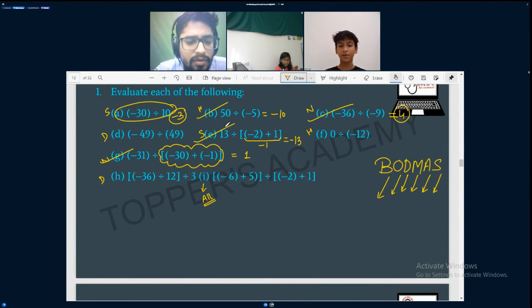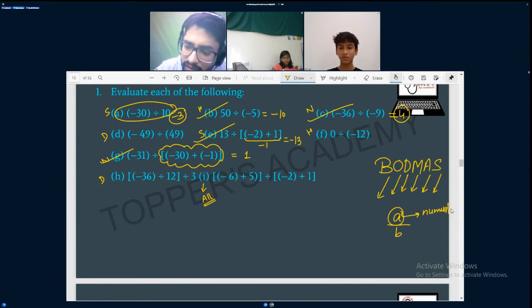Because the numerator is negative, when we write a by b, a is known as the numerator and b is known as the denominator. Here numerator and denominator are of opposite signs, so the answer must be minus 1.